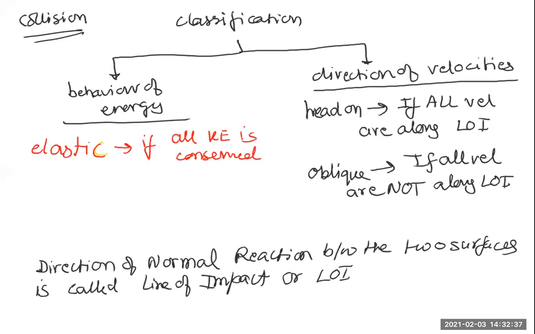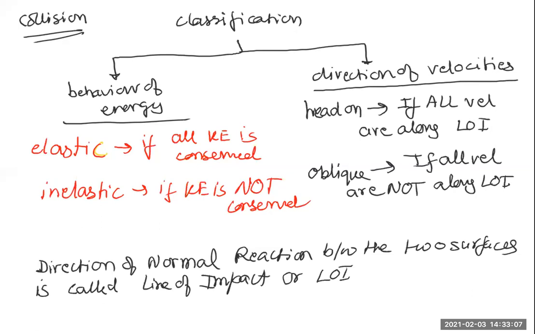That means the kinetic energy before the collision is equal to the kinetic energy after the collision. There is a better definition, but I will discuss it later. For now, it is sufficient that all kinetic energy is conserved. That's an elastic collision. And it is an inelastic collision if kinetic energy is not conserved.